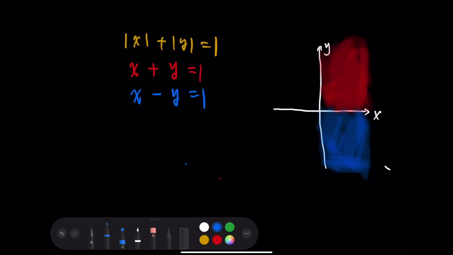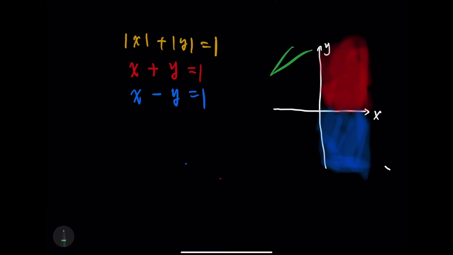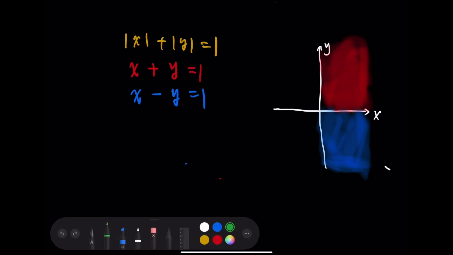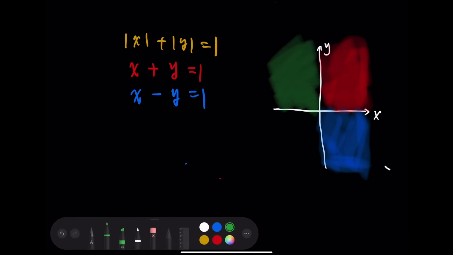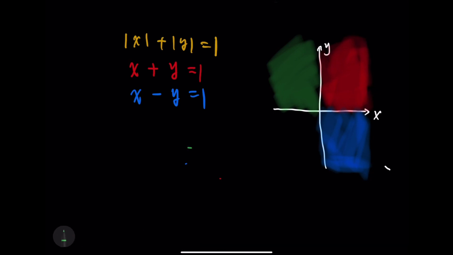Okay, let's do the next piece. Next piece, let's use these colors. When x is negative, y is positive. So it's going to be this one. Show you. Going to be here. So when x is negative, the absolute value of x would be negative x.